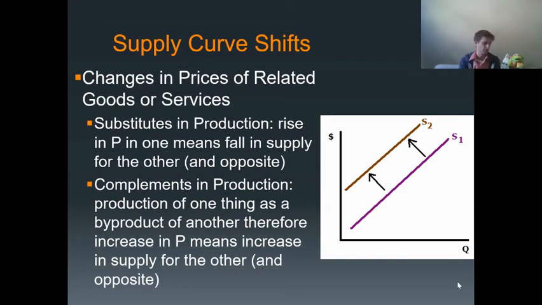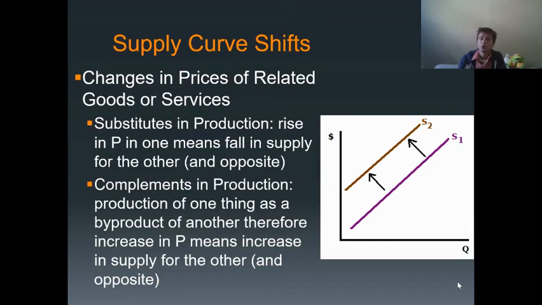You're producing more of something, so you get more of the byproduct. The opposite is true as well. So once again, thinking back to our wood example, if the price of baseball bats rose, then the supply of sawdust would rise as well.